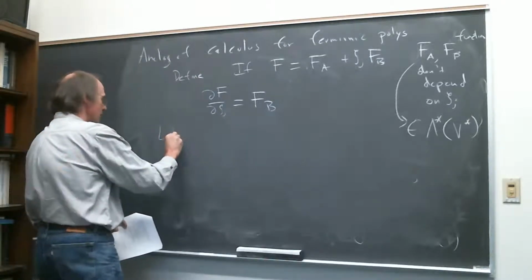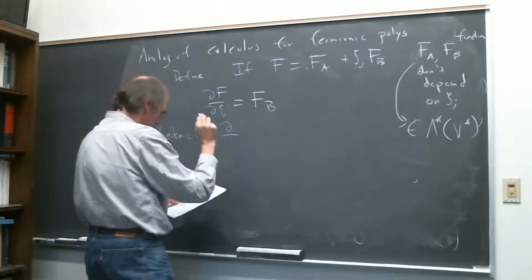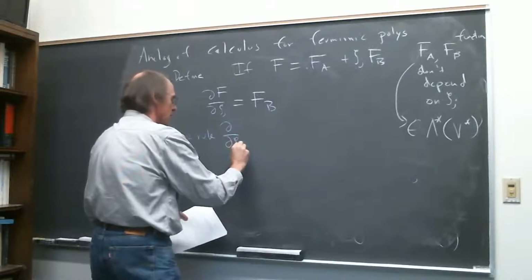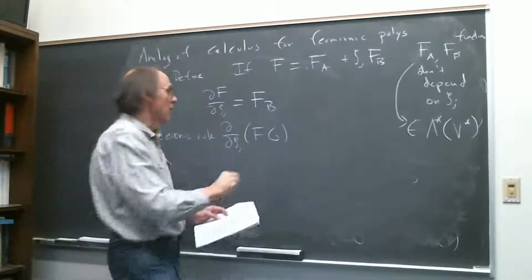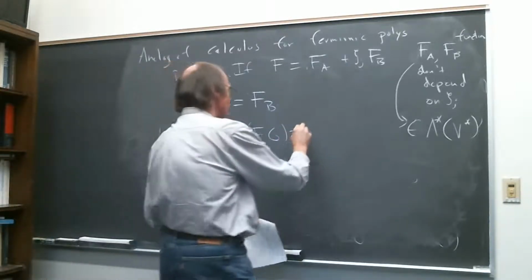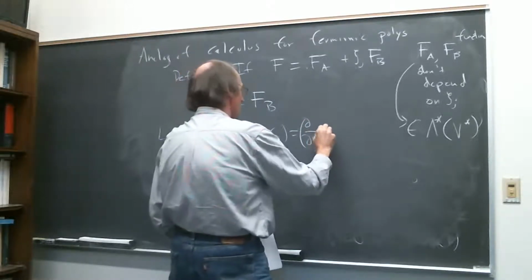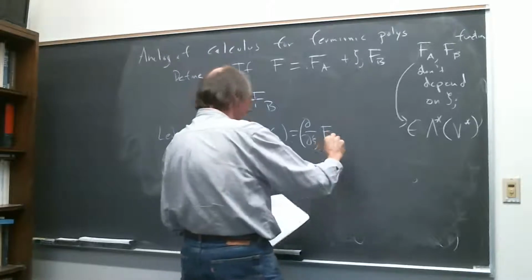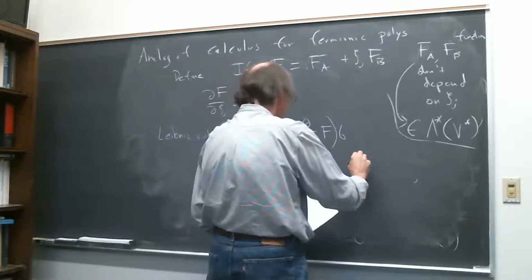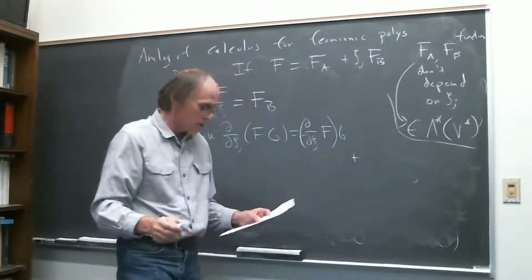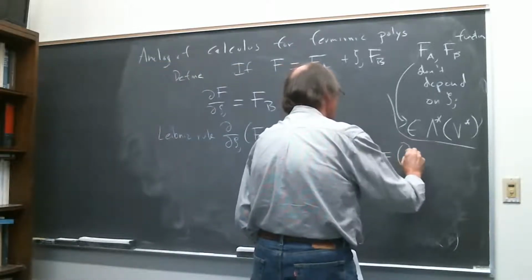Then there's a Leibniz rule, which says that if you differentiate with respect to j a product of two of these fermionic polynomial functions, what you're going to get is the j derivative of f times g, and then where you expect to get an f times g.